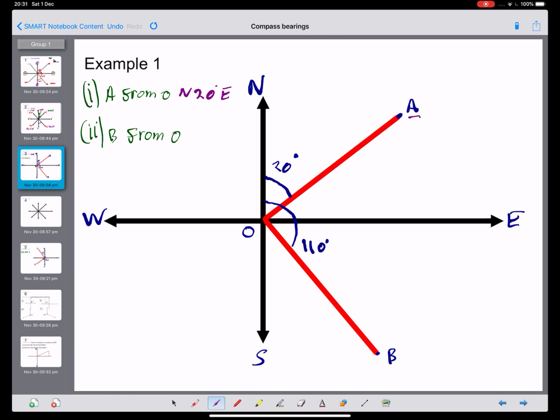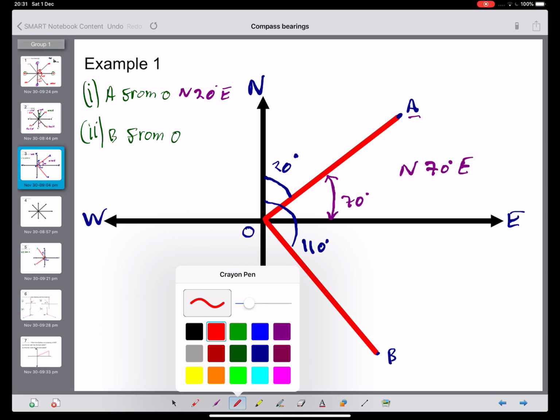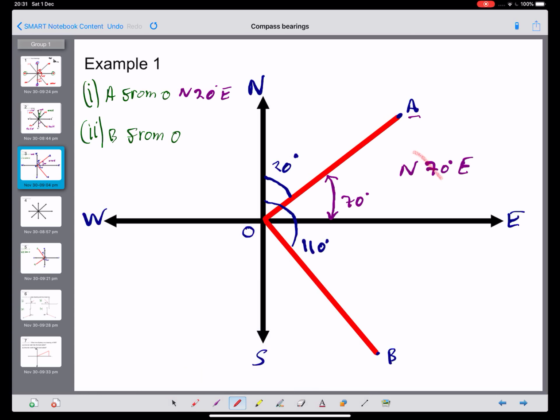Now, let's suppose we were given only this angle and we were told that that was 70. A would never be north 70 east. That is wrong. Very wrong. It's wrong because we always measure our compass bearing from either north or south.